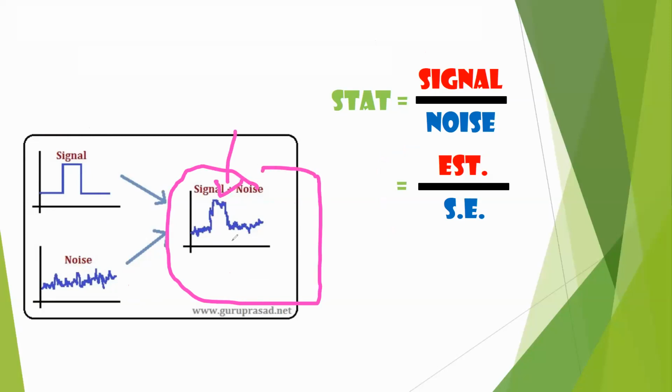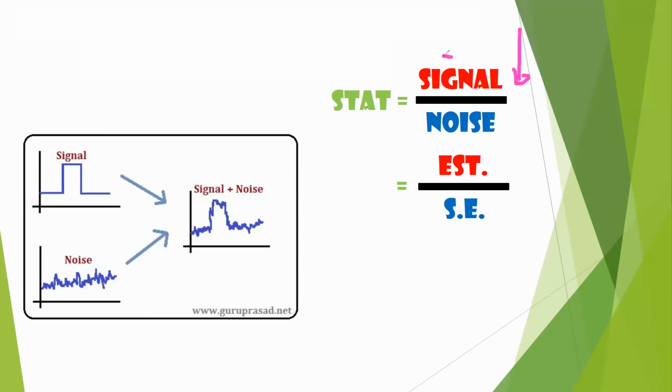This is what the physics people are worried about. So they use this kind of statistic to help them identify the real signal. In physics, sometimes you see this ratio called the signal noise ratio. They compare the detected signal with the background noise.